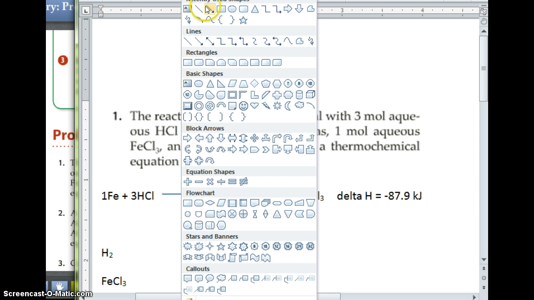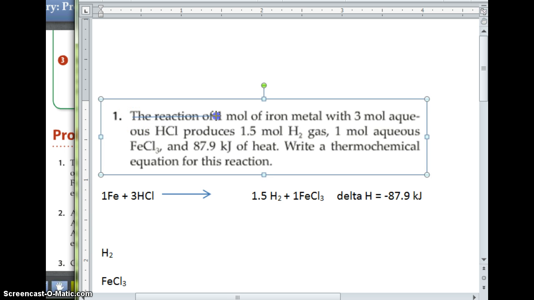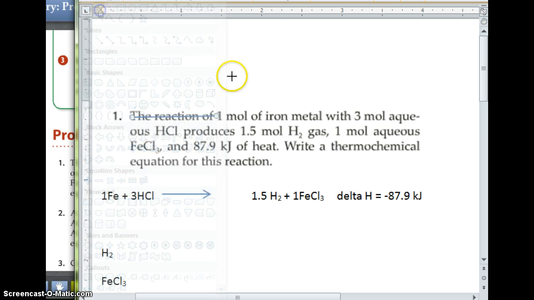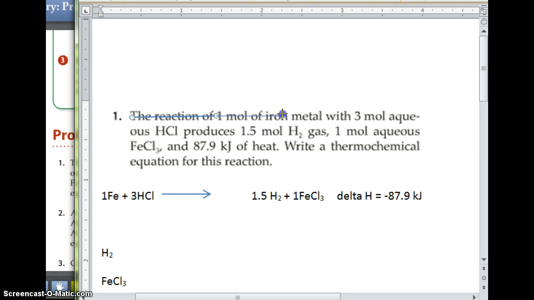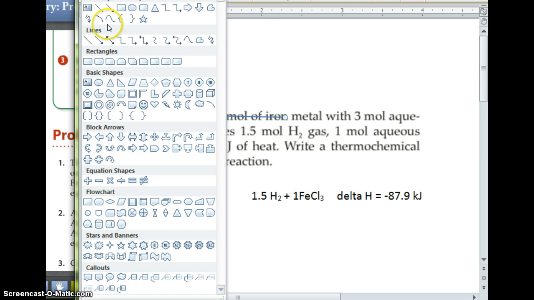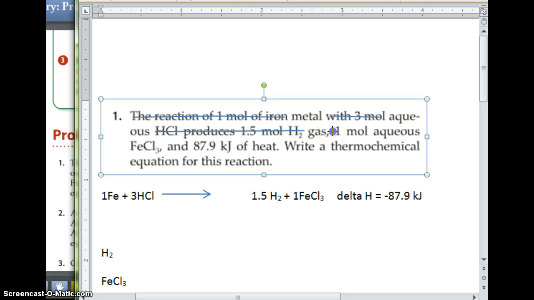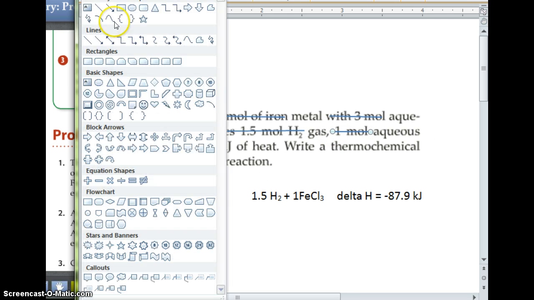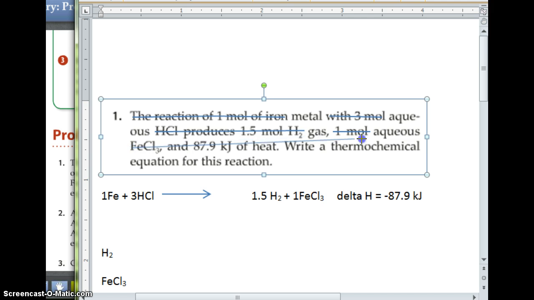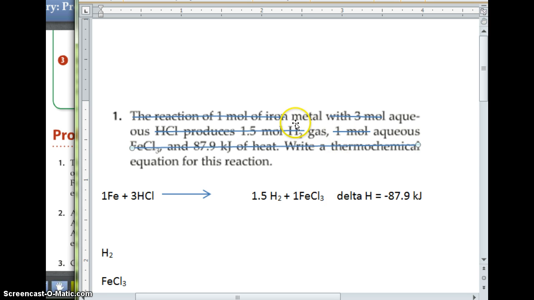A good way to check if you are done is to go through and start making lines through everything that we used. If you do what I'm doing right now, you'll notice that there are some words that I'm not crossing off that we haven't taken into account yet. Metal, aqueous, gas, aqueous. Oh yeah, we have to write the phases. So, what phase is the iron?